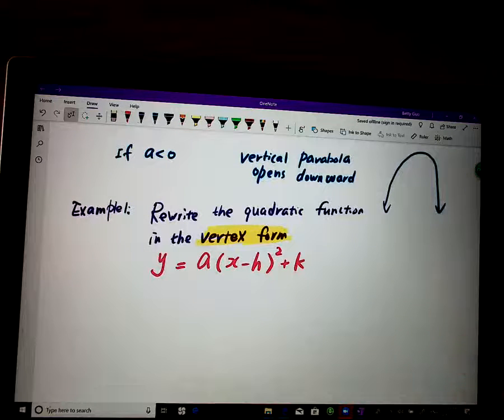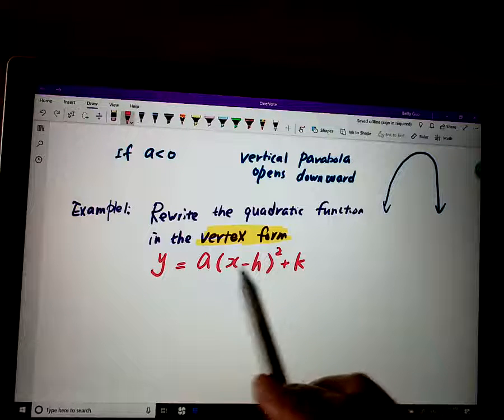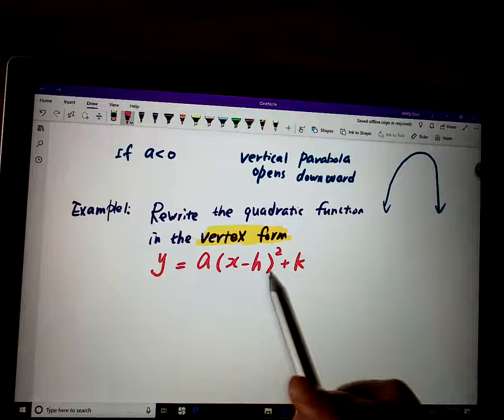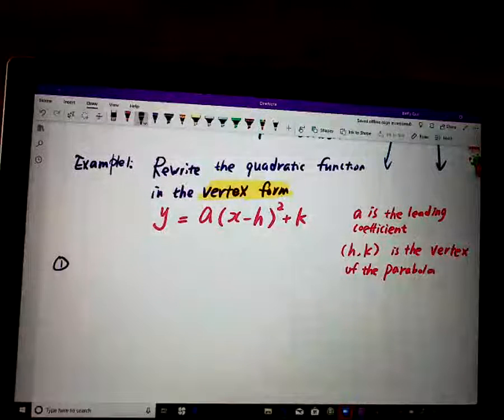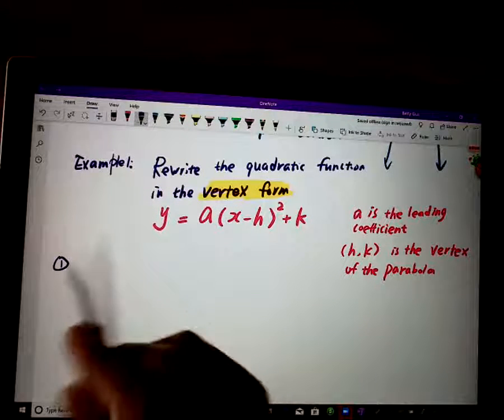So we are actually talking about the concept of the vertex form of a quadratic function. This is still a function. X is the independent variable.